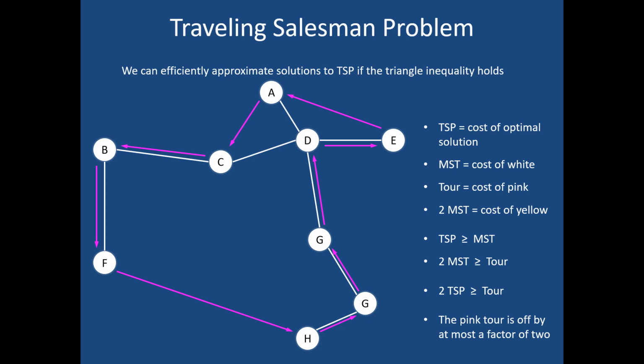So you take the traveling salesman problem solution, you remove any edge, which will make the solution smaller. It still has to be at least as big as the minimum spanning tree, because the Hamiltonian cycle minus an edge is still a spanning tree. So it can't be smaller than the minimum spanning tree. That's what you said, right?